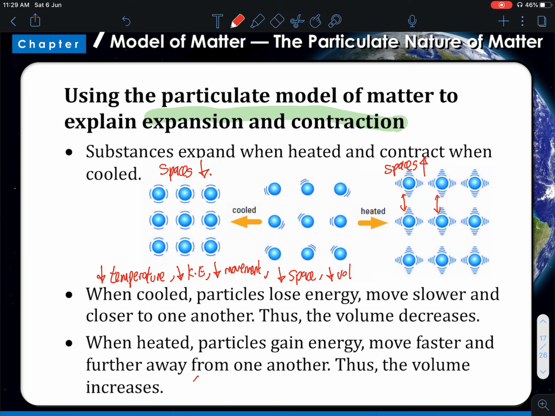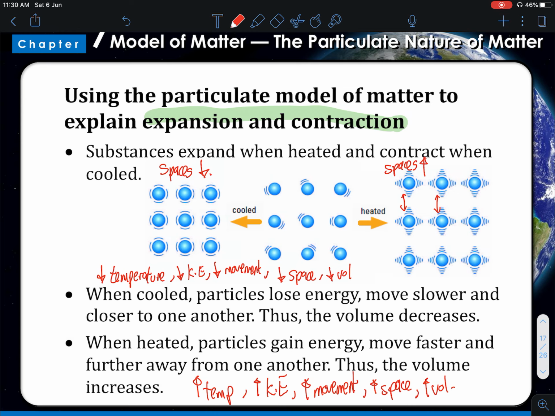And of course, when you heat, by increasing the temperature, you are increasing the kinetic energy. When you increase the kinetic energy, the movement of the particles increases. And when the movement increases, the particles move further and further apart from one another, the space becomes higher, and hence the volume increases.